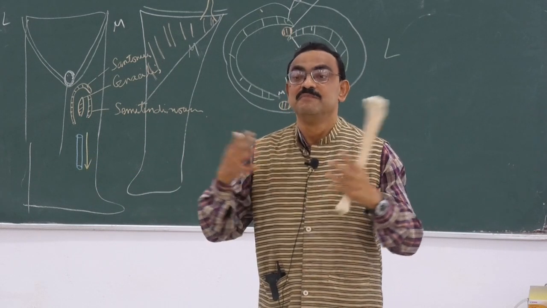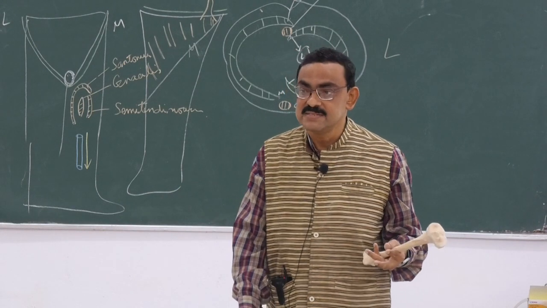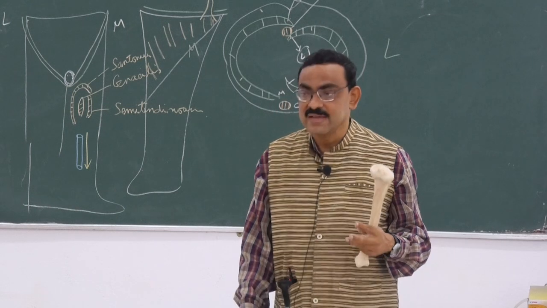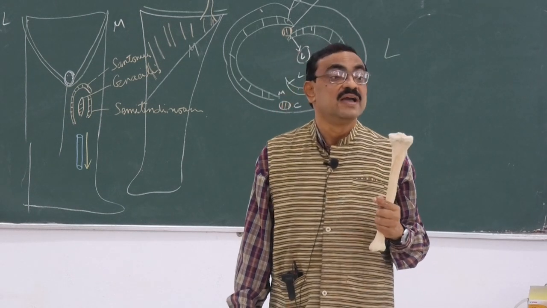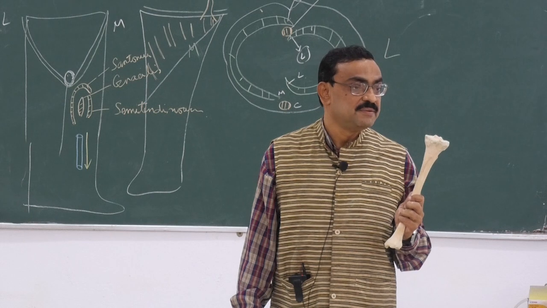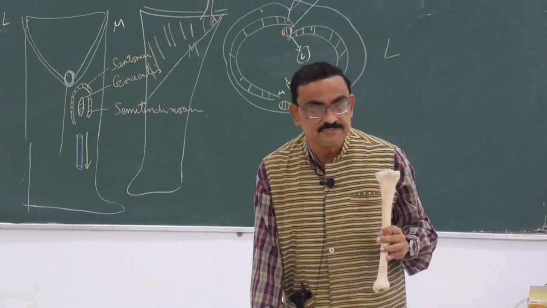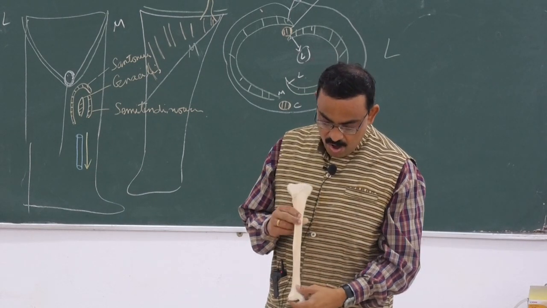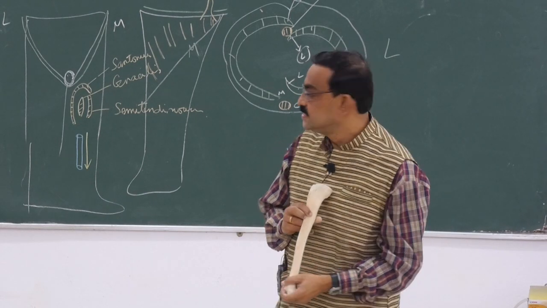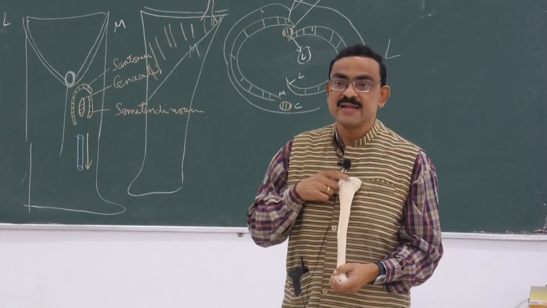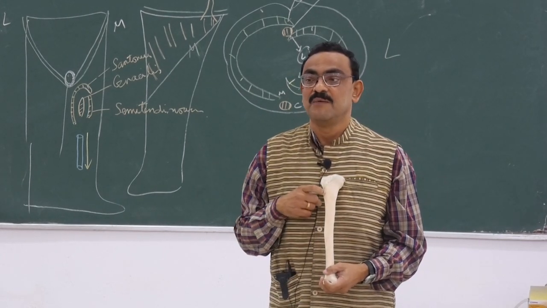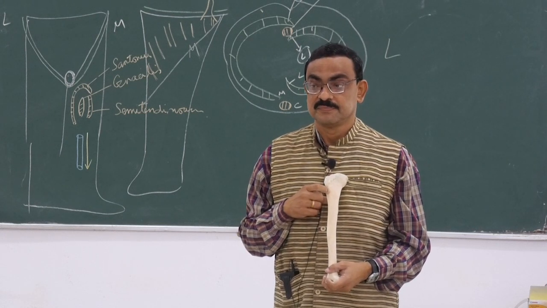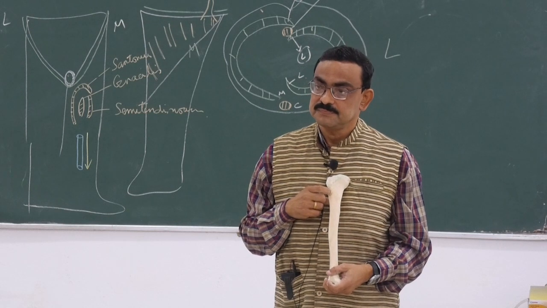Saphenous means very, very prominent. Easily we can see a vein in our leg, and that is the great saphenous vein. So the great saphenous vein is in relation to the medial surface of the tibia. Just in front of it we get another longest nerve of the body, that is the saphenous nerve. Okay, so they are present here.